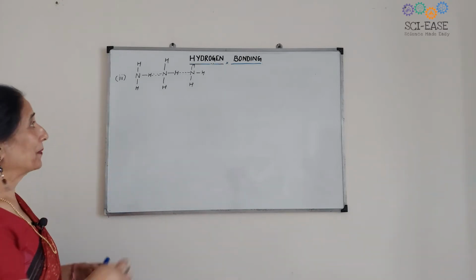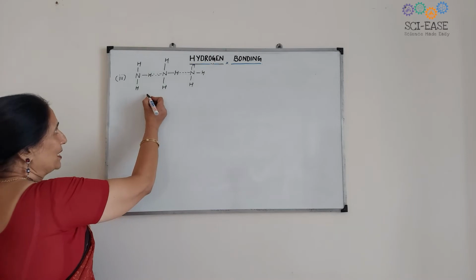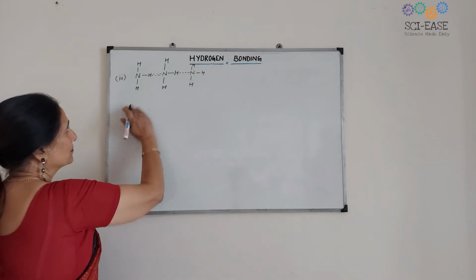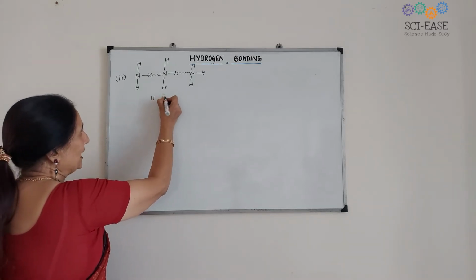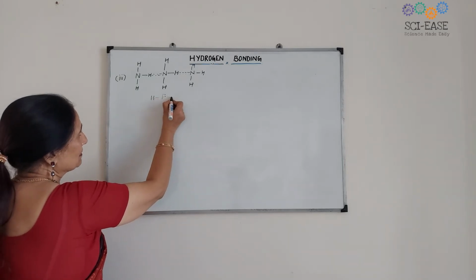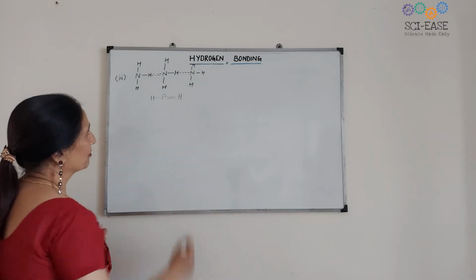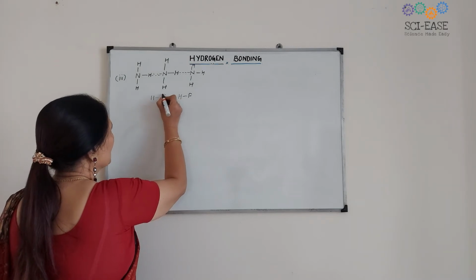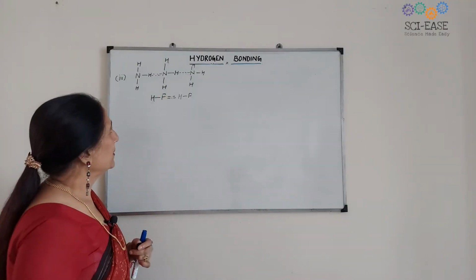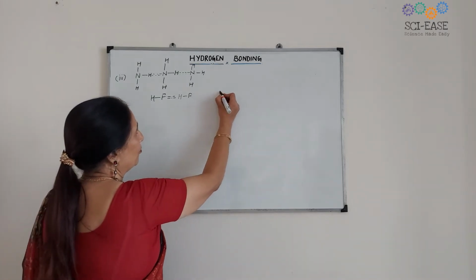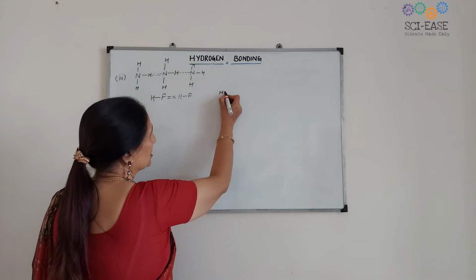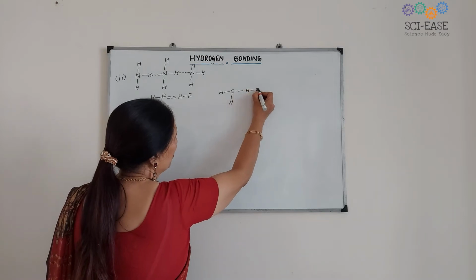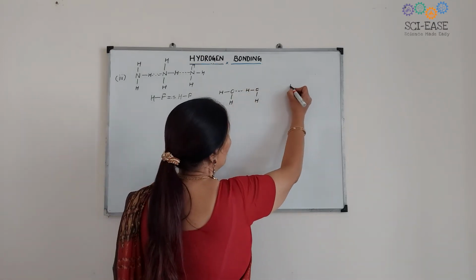One question I will ask you: the hydrogen bonding between HF molecules, second water, H-O-H, H-O-H, and third is ammonia.